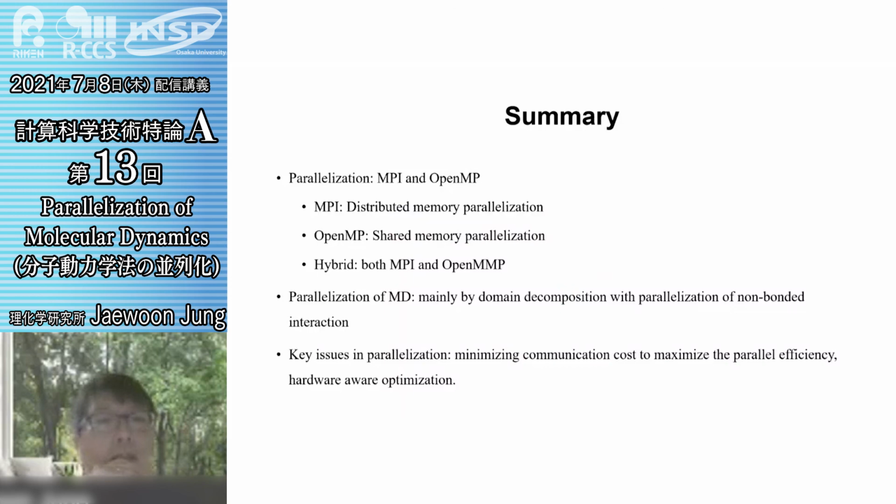In this lecture, I mentioned parallelization, including MPI and OpenMP and hybrid. And I said that the parallelization scheme of MD is mainly domain decomposition with parallelization of non-bonded interactions. The key issue in parallelization is how to minimize communication cost to maximize parallel efficiency.